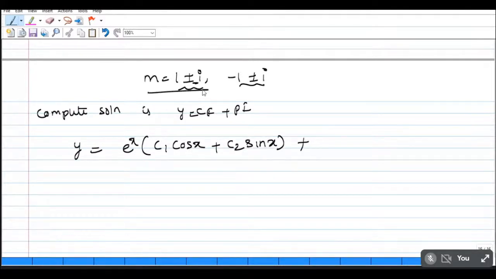This is for the first one. Second, e power minus x into (C3 cos x plus C4 sin x). That's it. These are complex and distinct roots. You have to read those 4 rules.